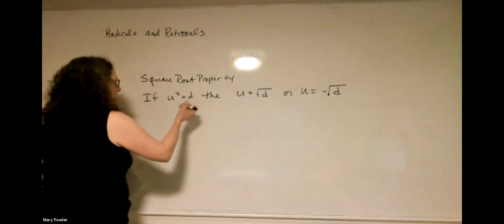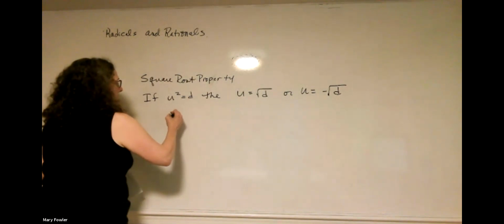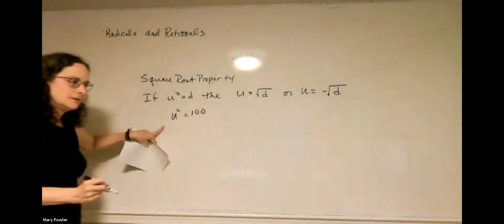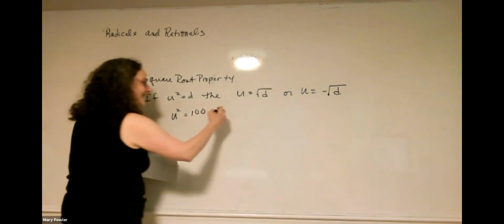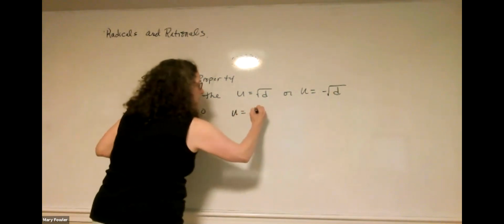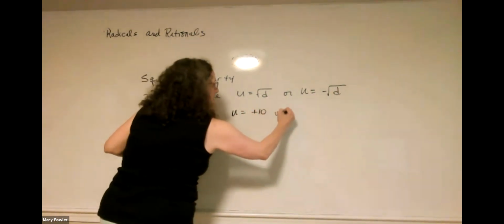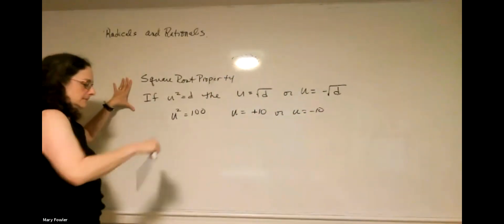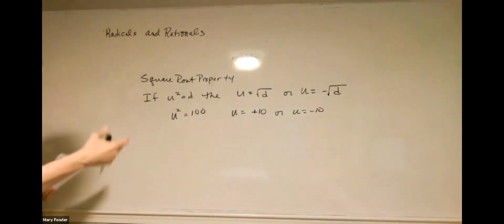Okay, and so again, say u squared equals 100, we'll use the square root property, then u is going to equal plus the square root of 100, which would be plus 10, or u equals minus 10. Okay, and that's how it's referred to, square root property.